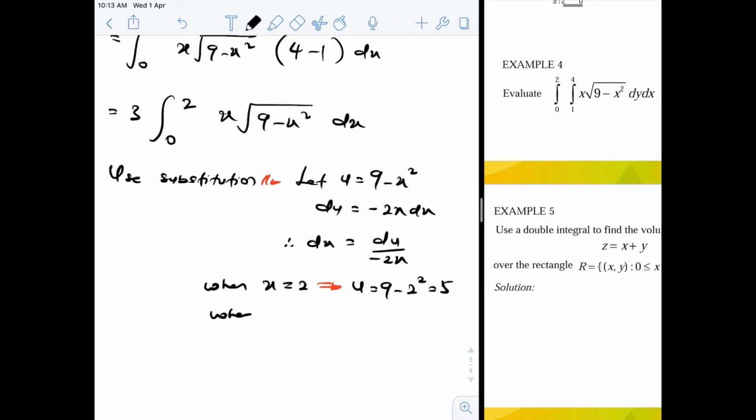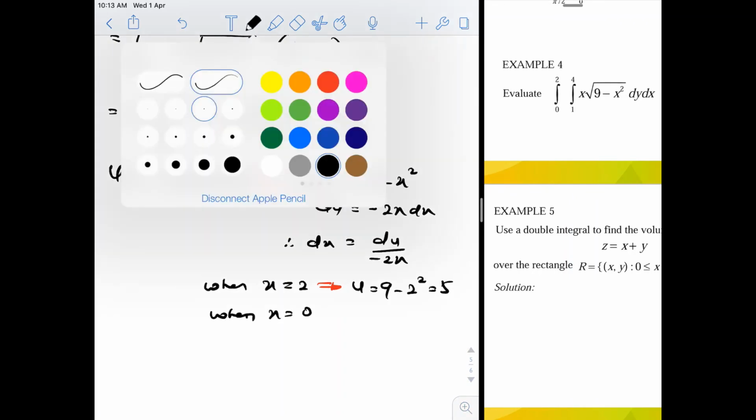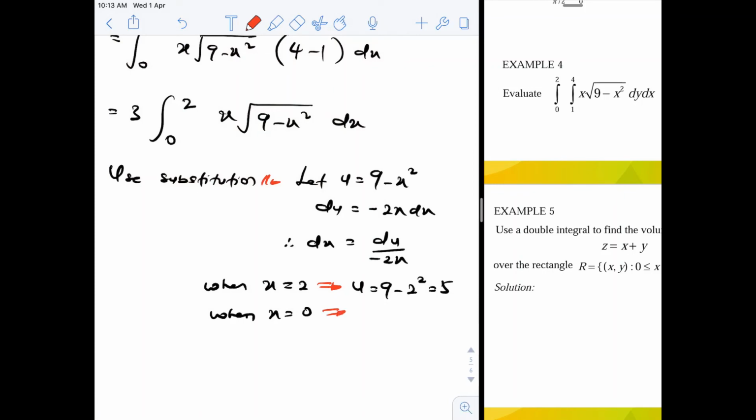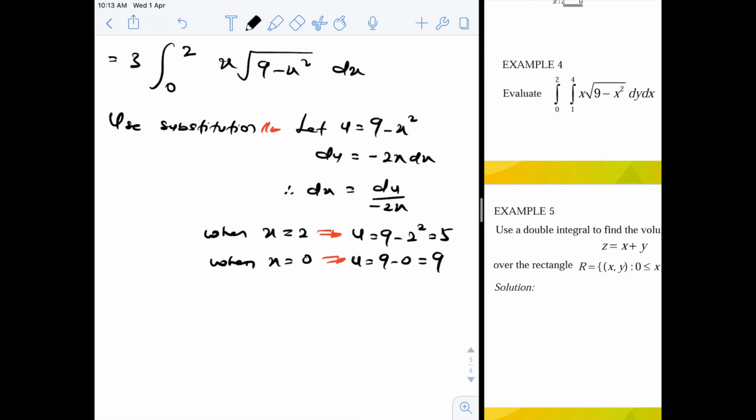Okay, and then when x equals to 0, we have u equals to 9 minus 0, so we get 9. Okay, now what we can do here is we substitute here 3. Okay guys, so now we can substitute the limit. When x equals to 2, u equals to 5. So we have 5 here.